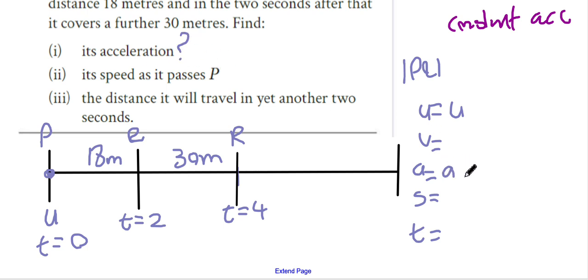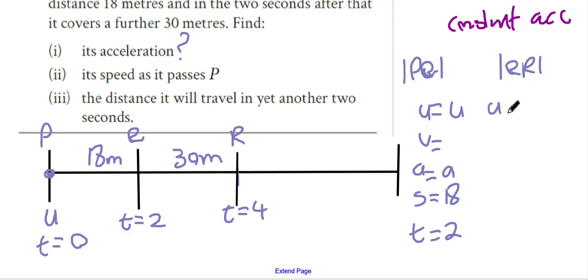S is what? 18. I'm doing P to Q. Sorry, that looks like an R, you're right. I'm actually doing P to Q. Is that okay? P to Q. So it's 18. Time value? 2. About to make a mistake here.